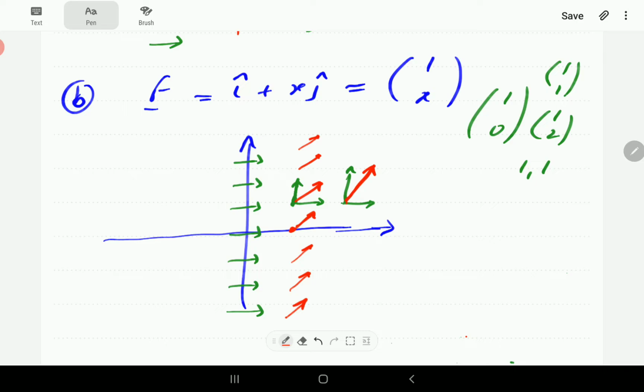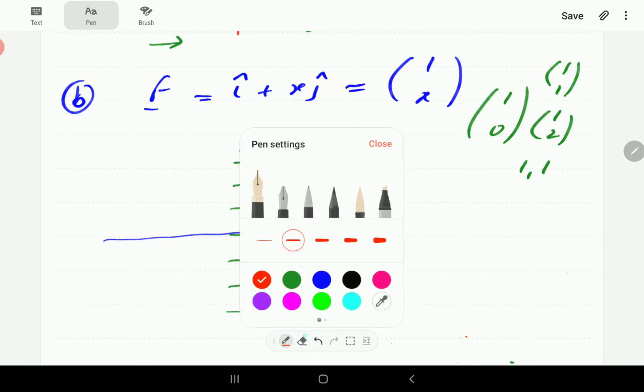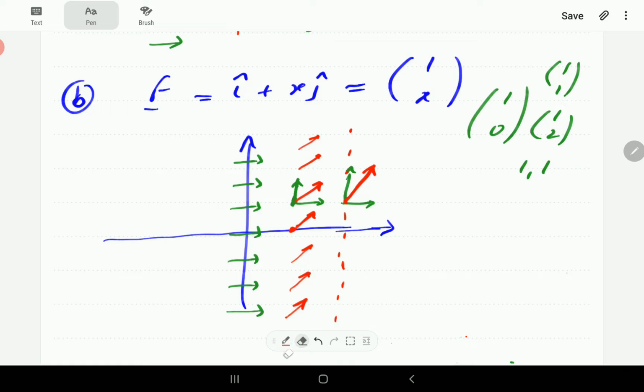So along all the points along x equals 2, we are going to have this type of vector here, because x is the only variable here, and along here, everywhere here, x is 2.